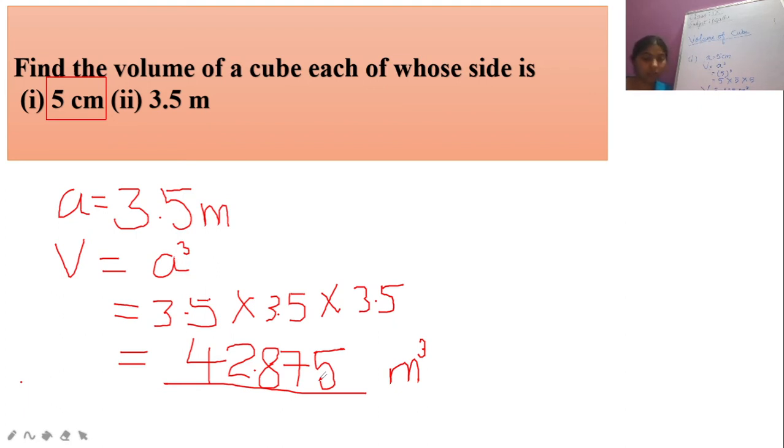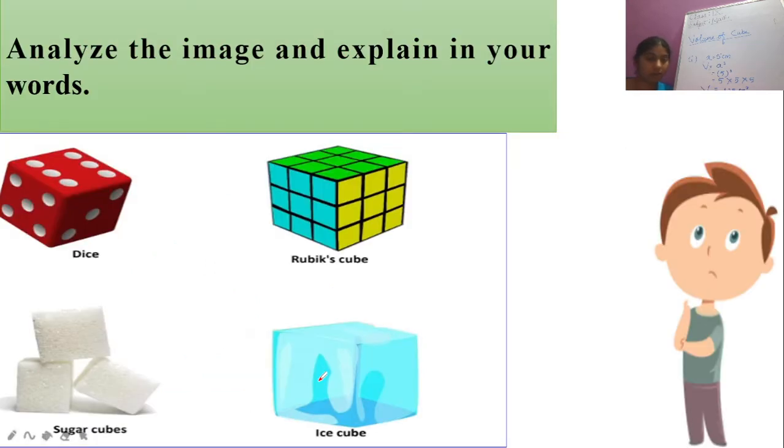Okay students, so let's come forward. Now you have to analyze this image and explain in your own words. What do you understand by this image in front of you? What are the objects in front of you?